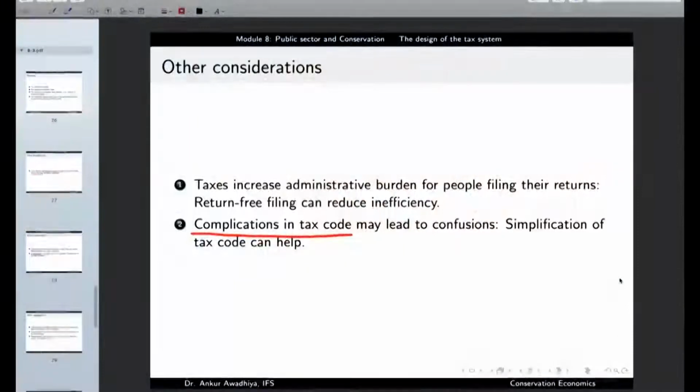So, this is another consideration: how complex or simple should the tax code be? If the government goes for a simplification of the tax code, the administrative burden will get reduced. People will know very easily that these are, say, 4 or 5 activities that we can get exemption on, and nothing more, nothing less.